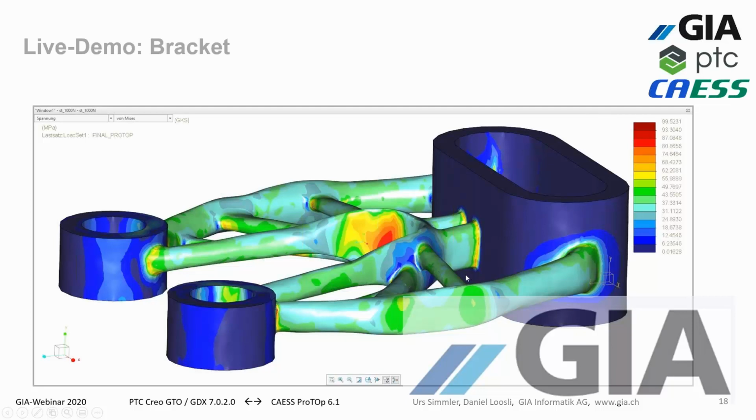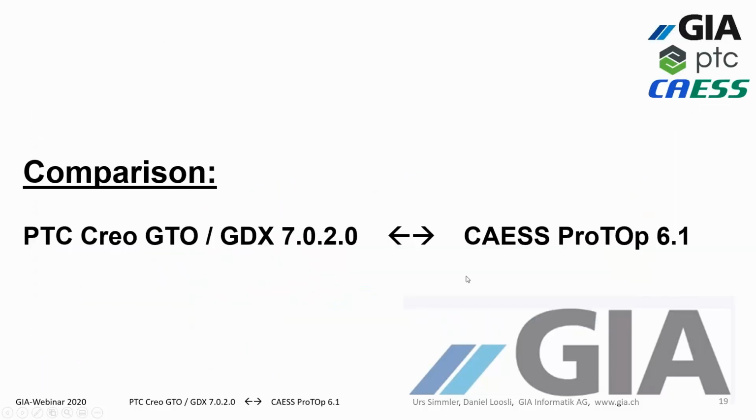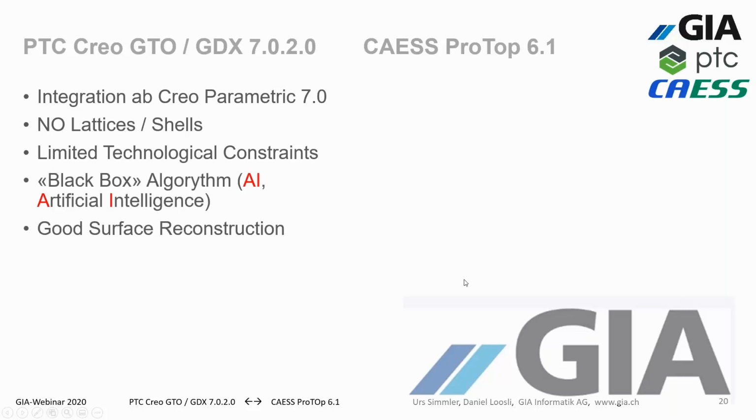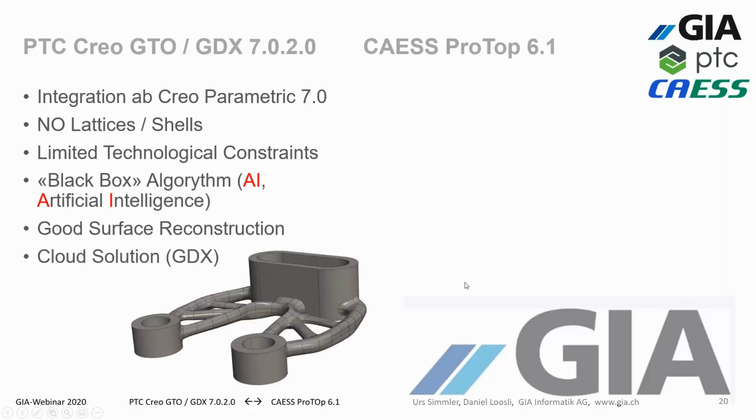This PowerPoint will be distributed to you tomorrow, and here I just created a small slide where I compare those two products. On the left side we see the GTO GDX solution. I think it's important to know this is only available in Creo Parametric 7.0, and not available in 6.0 and 5.